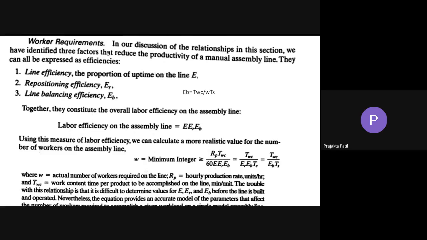These parameters basically affect the number of workers that are required. Though this equation may not be of much help in the beginning to find the number of workers and design your assembly line, because all these efficiencies can be obtained only after the line is created, these relationships can tell you what parameters affect the number of workers.